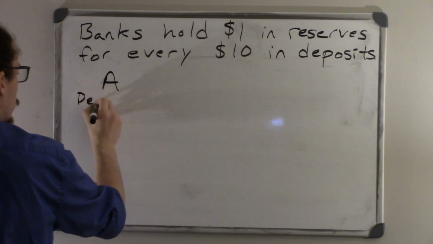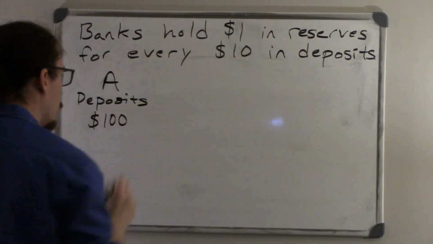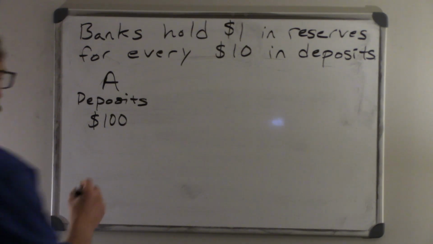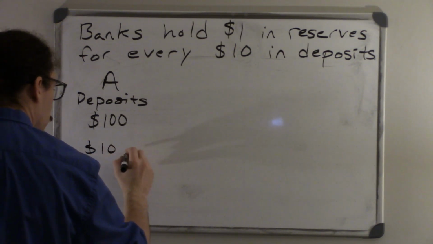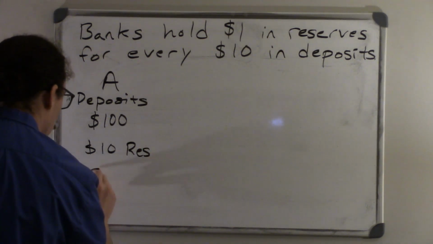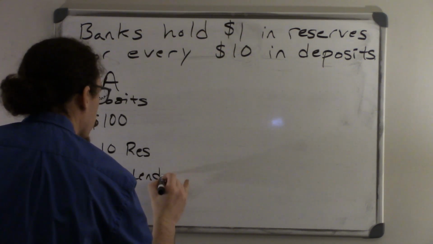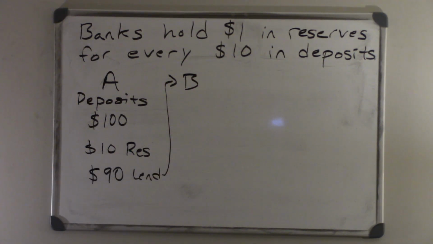All right, so let's say that person A deposits $100. They're going to take $10 to hold in reserves, and then they're going to take the other 90 and lend it to person B. So person A deposits $100.